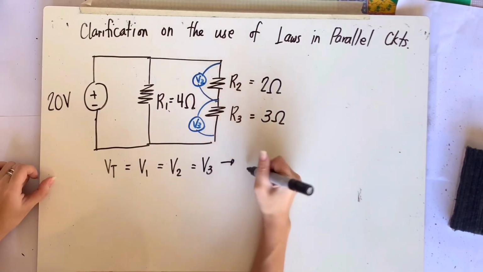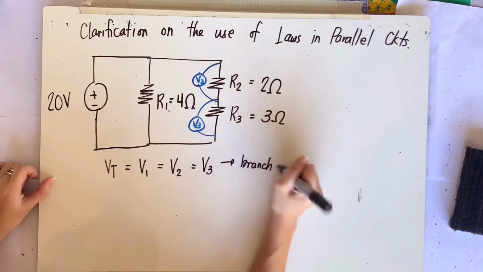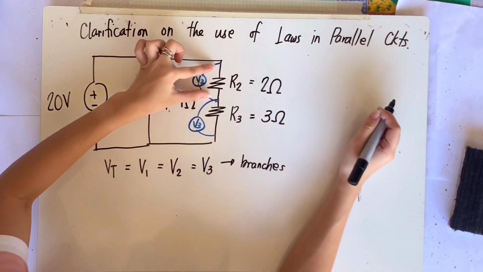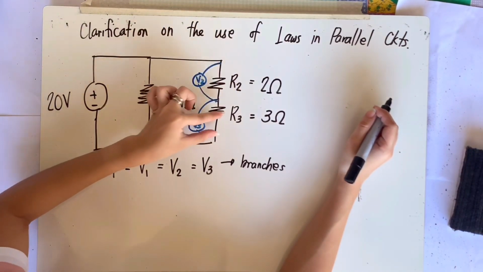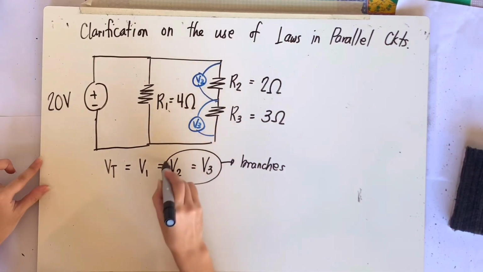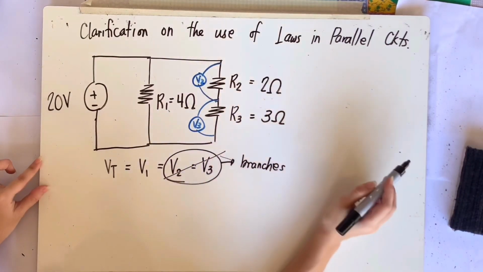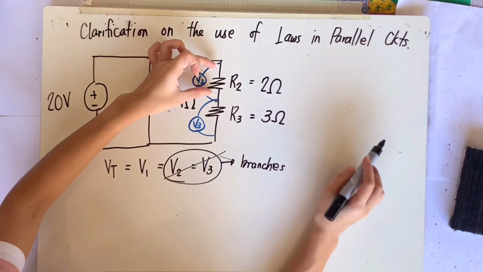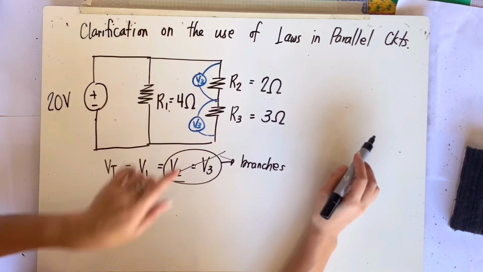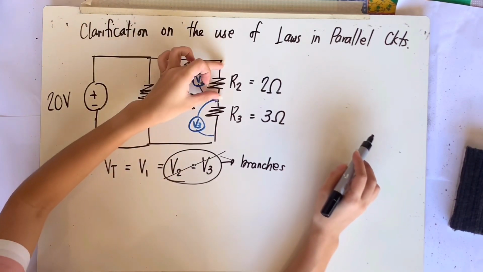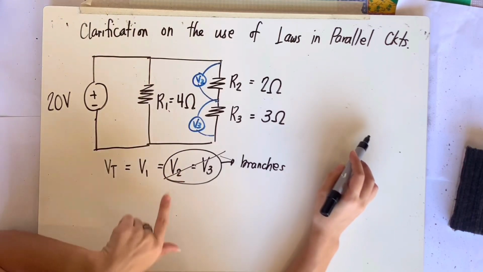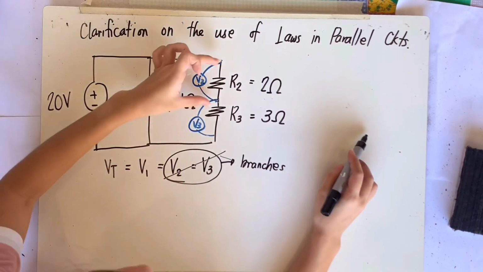Kaso, ni-note ko na malinaw na ito ay pwede nating i-apply kung branches ang pinag-uusapan natin. Ngayon, kahit pa meron ka ditong V2 at meron ka ditong V3, hindi mo pwedeng sabihin at sundin na ang V2 will be equal to V3 according to the formula. Bakit? Dahil itong R2 at R3 mo are connected in series. They are not parallel. Also, they are on a single branch. So, hindi sila magkaibang branch para masabi mo na V2 will be equivalent to V3.